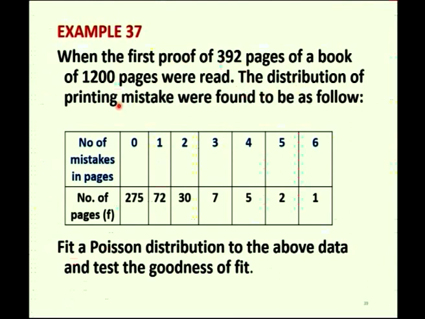The distribution of printing mistakes was found to be as follows: there are no mistakes in 275 pages, and there is only one mistake on 72 pages. There are 2 mistakes in 30 pages, like that this tabular column is given. The question is to fit a Poisson distribution to the above data and test the goodness of fit.